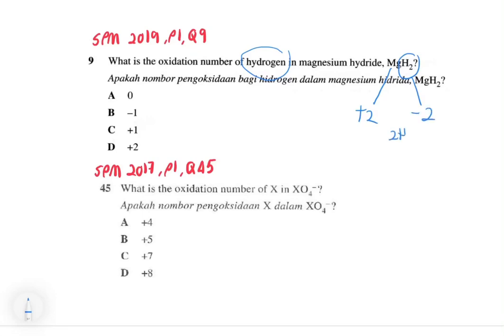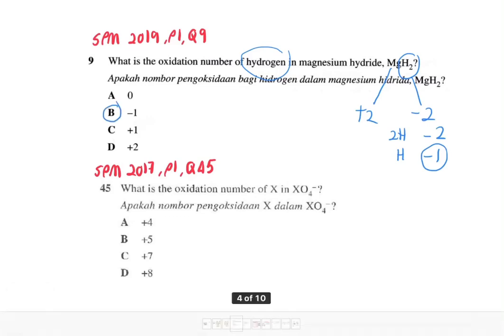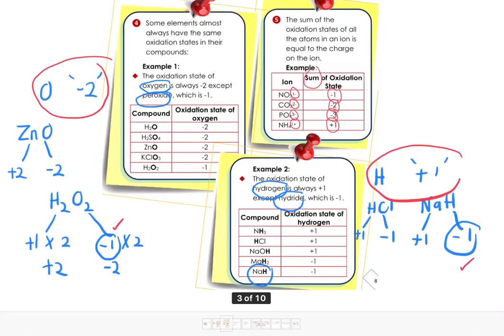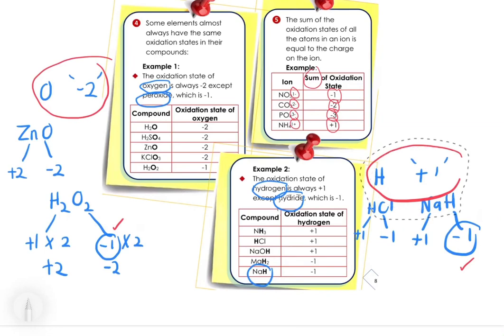If 2 hydrogens are -2, a single hydrogen is -1. So the oxidation number of hydrogen in magnesium hydride is -1. And that will be the exception. If you remember what we learned just now, hydrogen is always +1 except in hydride where it will be -1.